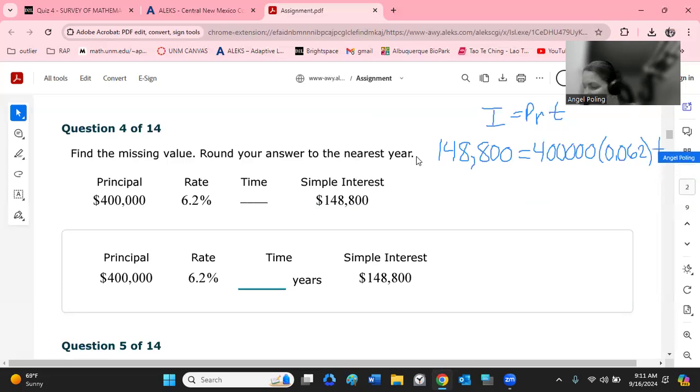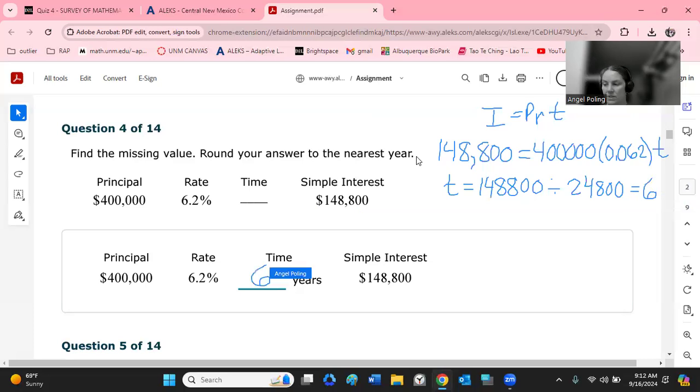What we don't know is T. So T is 148,800 divided by the product of 400,000 and 0.062. Okay, and that gives me 24,800, which is actually 6. So it took 6 years for this loan to earn this interest.